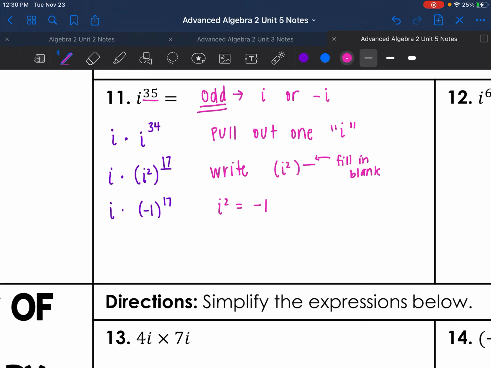So i squared is -1. So we replaced that, and then we're going to simplify. i times -1 equals -i.